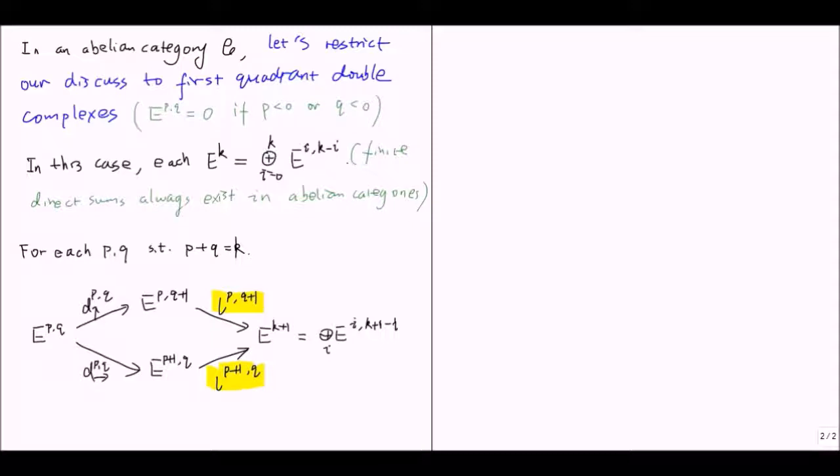Now we define d sub p,q from E sub p,q to E superscript k plus 1 by d sub p,q equal to iota sub p, q plus 1 composed with d-up p,q plus iota sub p plus 1, q composed with d-right p,q.